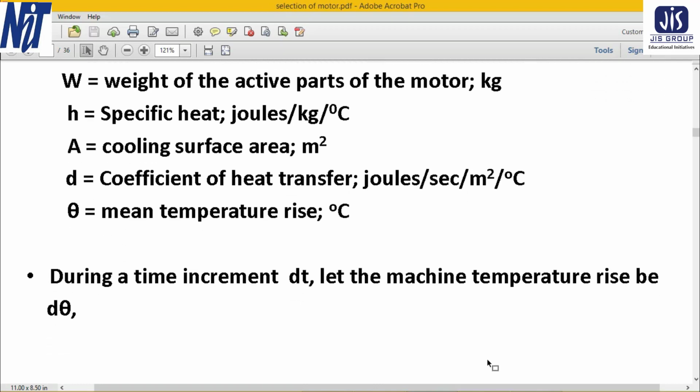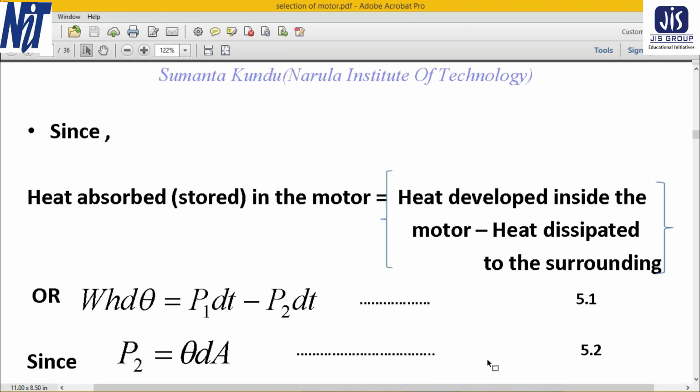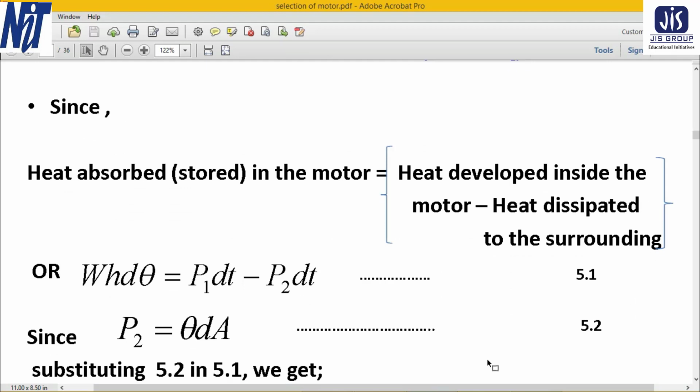So in a time increment dt, let the machine temperature rise be d theta. Now we know from basic physical science that the heat absorbed or stored in the motor is the heat developed inside the motor minus the heat dissipated to the surrounding medium.